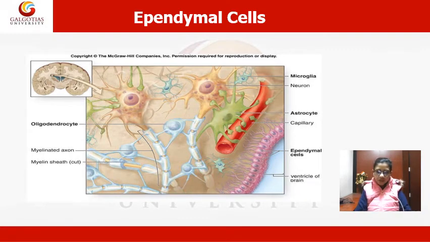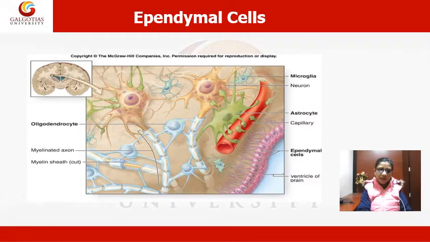In the last, this pinkish lining which looks like epithelium is known as the ependymal cell, which is in the outermost portion, that is, the ventricle of the brain. And on the left side you can see the oligodendrocyte, which we will learn in the next slides, and the myelinated axon.